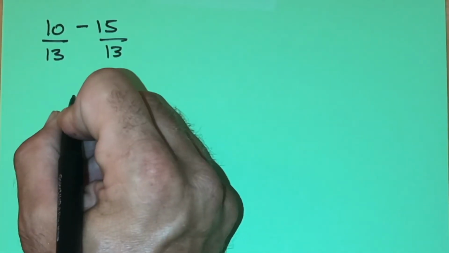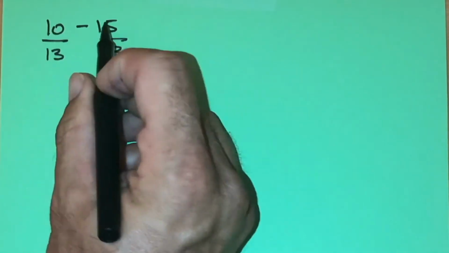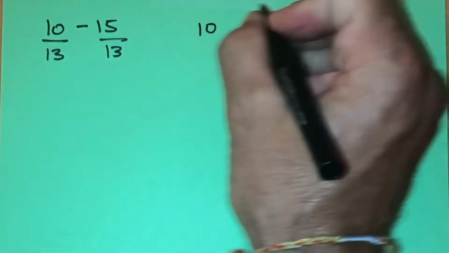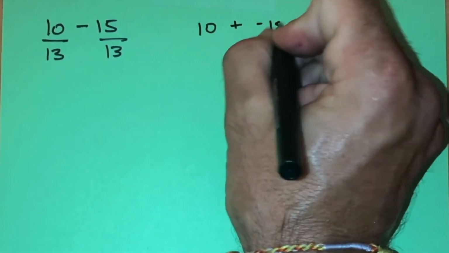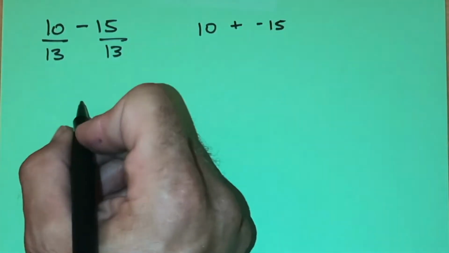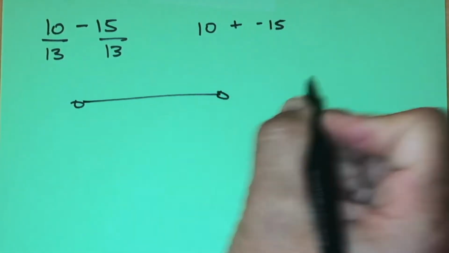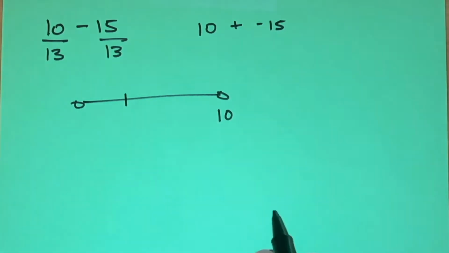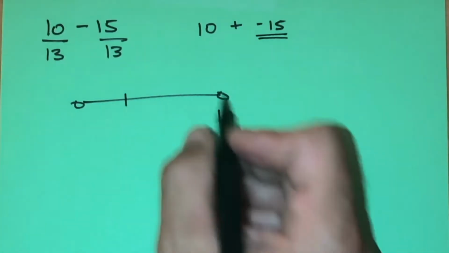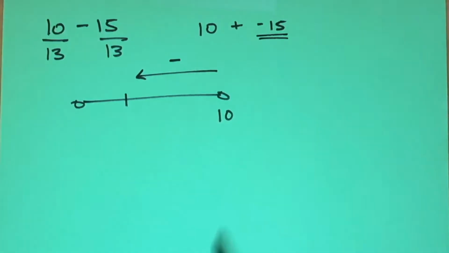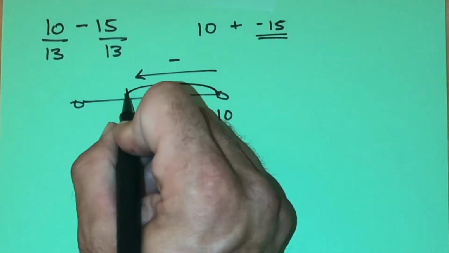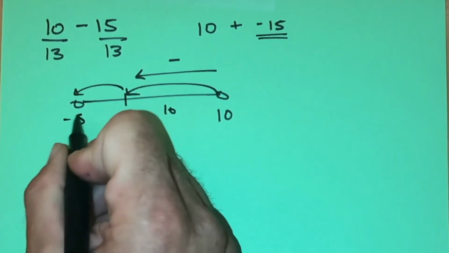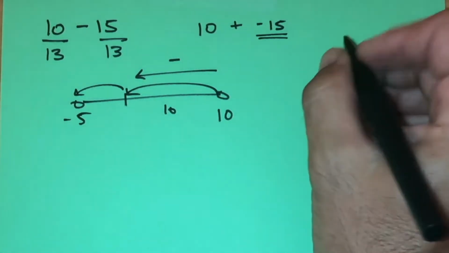So if you're looking for the difference between 10 and 15 here, you're basically saying 10 plus a minus 15. If I'm starting at 10 and going a difference of 15, with subtraction being to the left, I go 10, then I have to go another 5, and I would end up at -5.